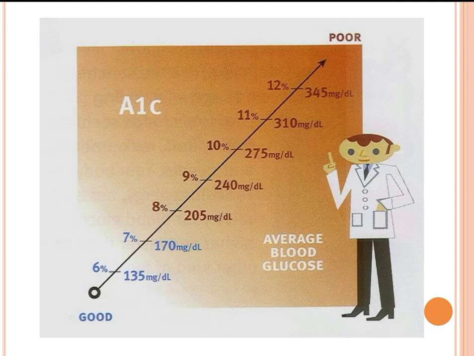This test is also used for monitoring blood glucose control after initial diagnosis. 7% or below is considered good control of blood glucose in an individual that has been diagnosed with diabetes mellitus.